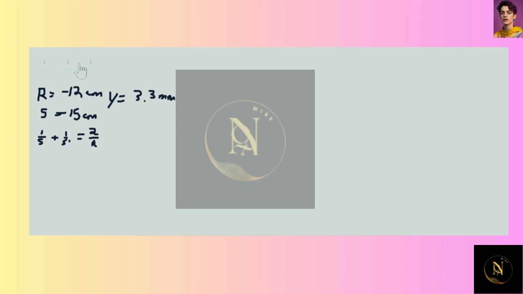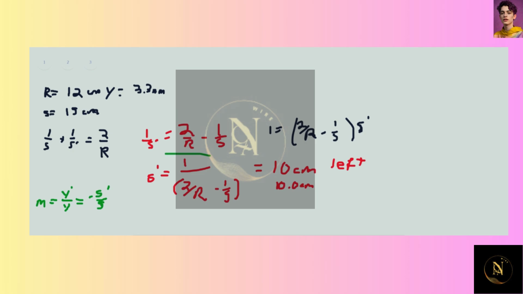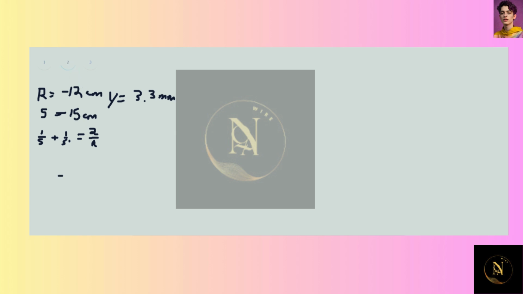So if I just recall back from using this same equation here, where we haven't plugged the numbers in yet, s prime equals 1 over the quantity 2 over r minus 1 over s.